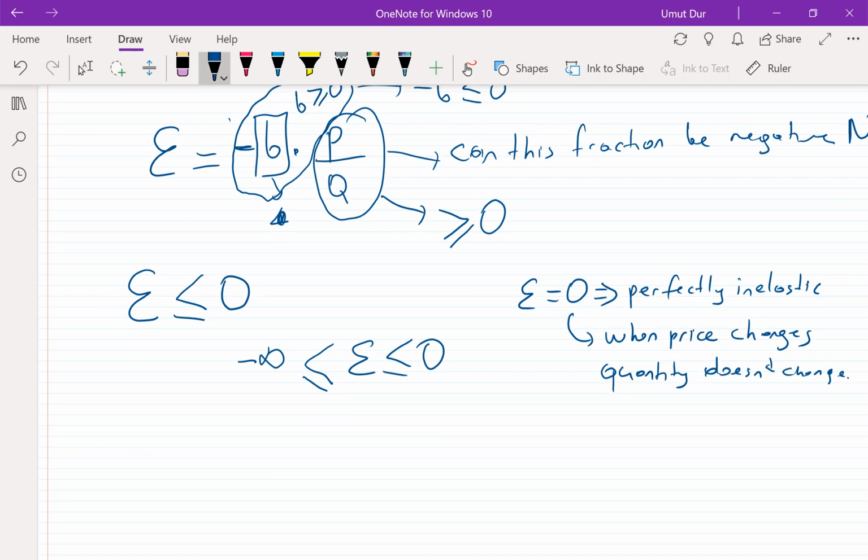And elasticity can be 0 if B is equal to what? If B is equal to 0, quantity will be A, some number. And how does this demand curve look like? It is flat. Something like this.